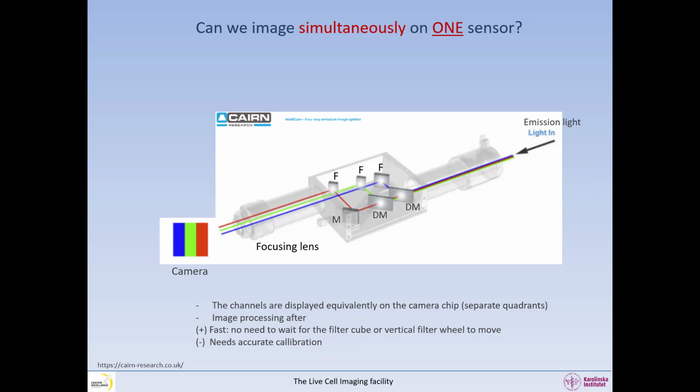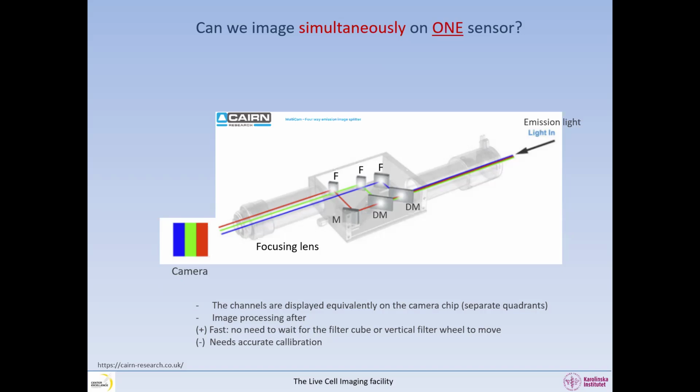So these dichroic mirrors will send the light to different filters, after which the emission light that passes through the filter will be displayed on the camera chip in different quadrants. After that, image processing will take place. Then we will overlap all the channels.